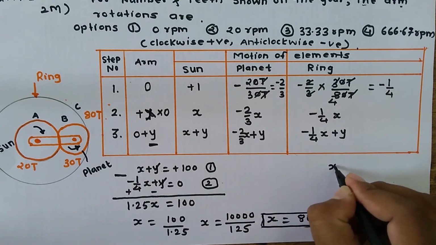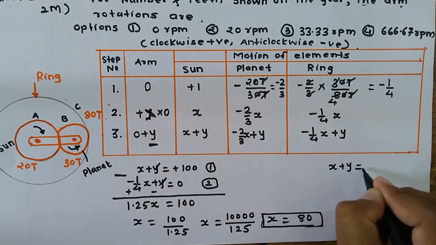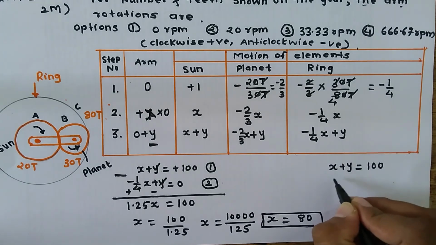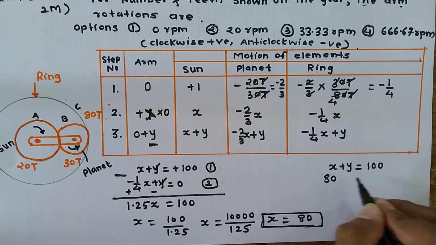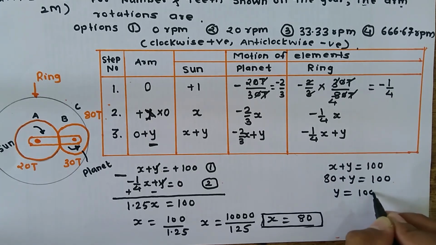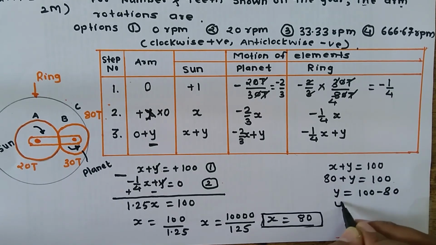For that, the equation is x + y = 100. Putting the value of x, 80 + y = 100, so y = 100 - 80, which is 20 rpm.